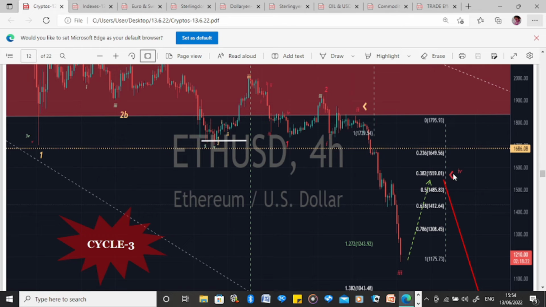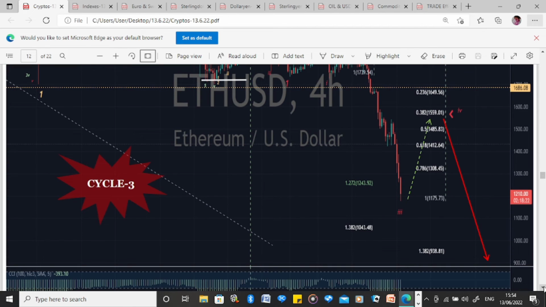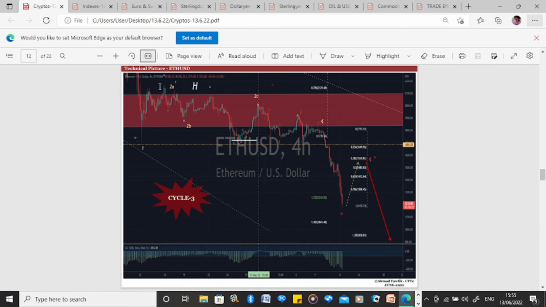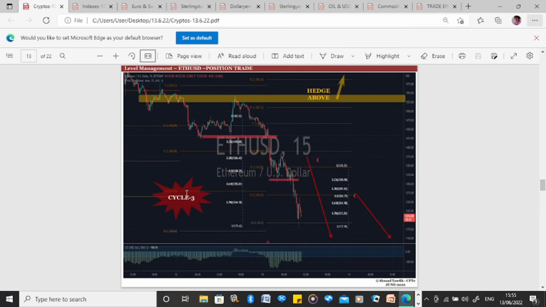If there is a mixed fundamental release on Wednesday, we can expect, just like with Bitcoin, to get the 4. But we don't really expect to get a mixed fundamental release on Wednesday, so we're just showing you this to look at the possibility. That is, we don't expect any correction at 1,559 until we get to 650, 750, and 940.